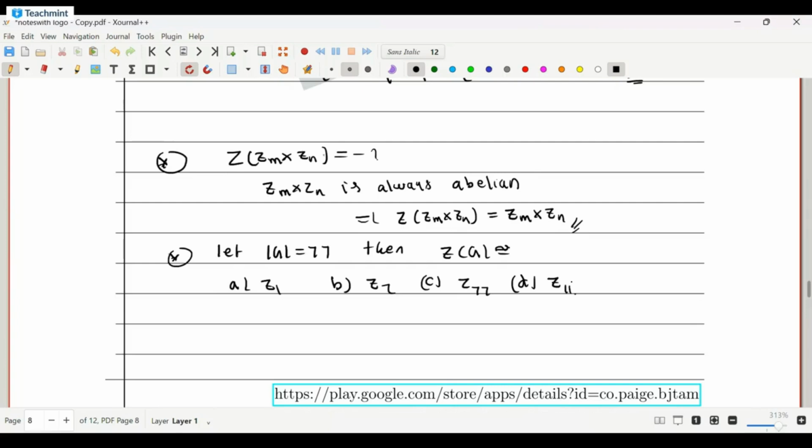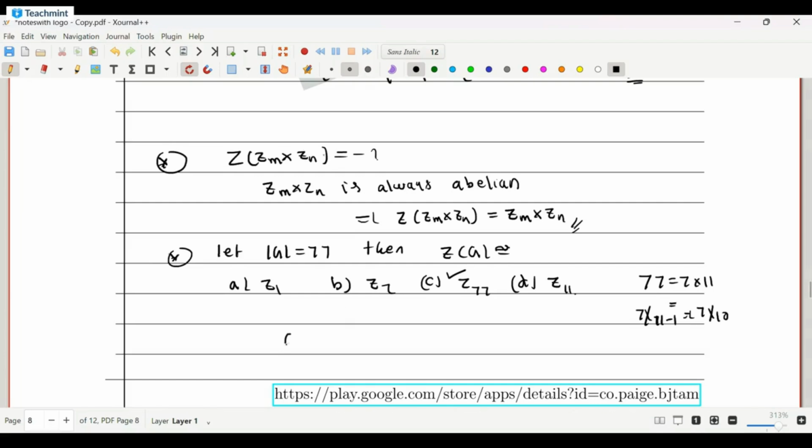Option C, sir. Why? Cyclic. 77 can be written as 7 into 11, sir. So it is a cyclic group, since 7 does not divide 11 minus 1. That means 7 does not divide 10. Since 7 does not divide 10, the group of order 77 is always cyclic.